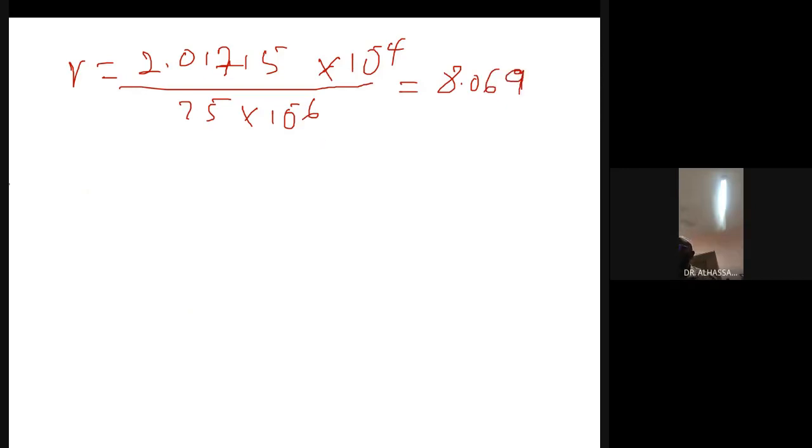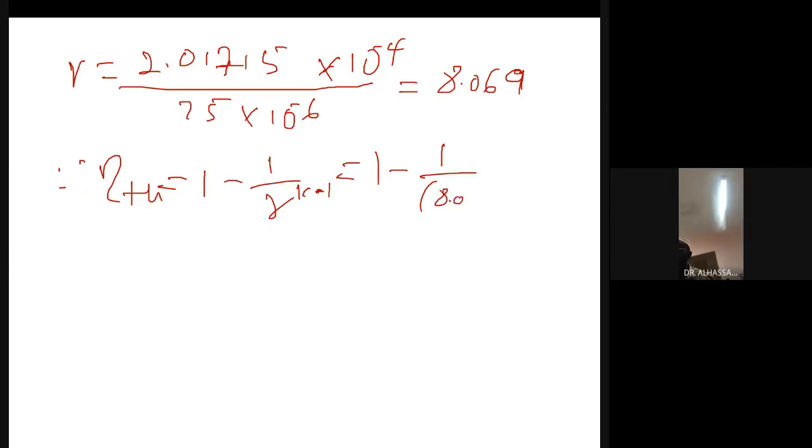Therefore, thermal efficiency equals 1 minus 1 over R to the power K minus 1. This equals 1 minus 1 over 8.069 raised to the power 1.4 minus 1.